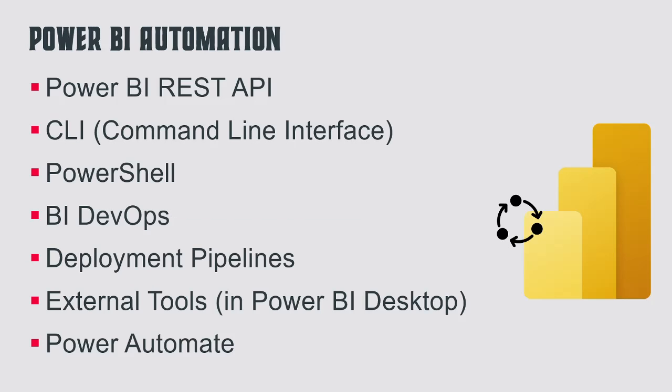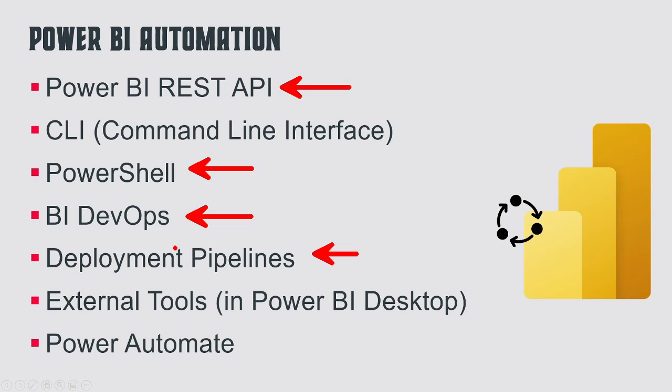For Power BI, there are also third-party pipeline tasks that you can use. Everything around Power BI automation is based on the Power BI REST API. Those are the methods provided within the Power BI service, and everything that comes afterwards uses the Power BI REST APIs.